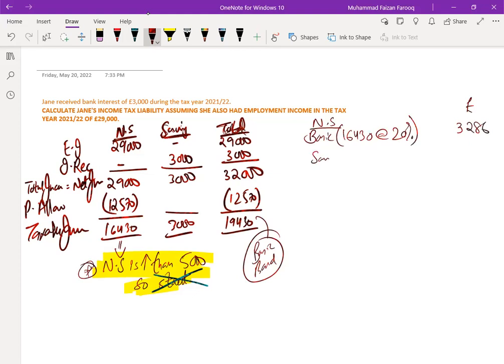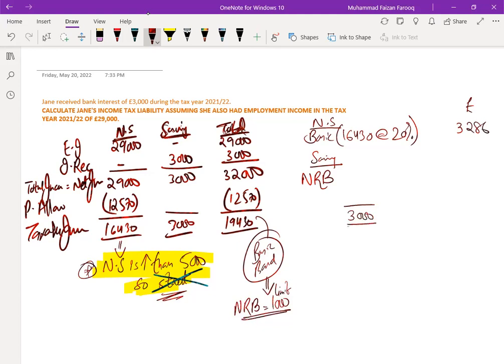Savings. Do we have a start band? No. We will start with the nil rate band only, and the nil rate band limit depends on status. This person is a basic band taxpayer, so the nil rate band is restricted to a maximum of 1,000.